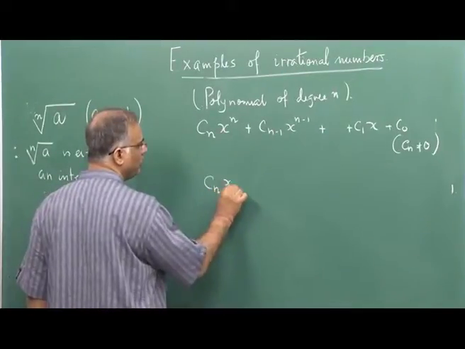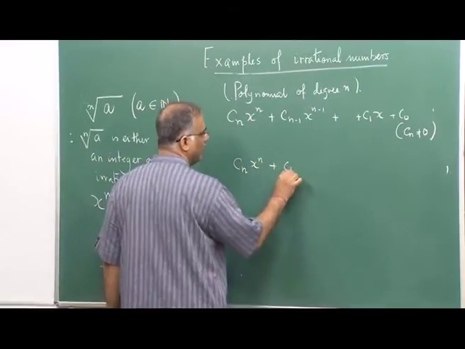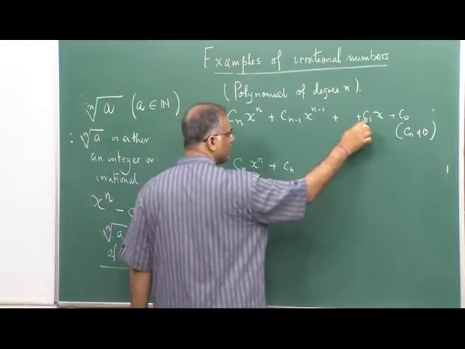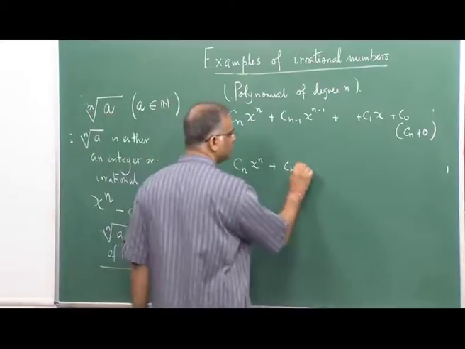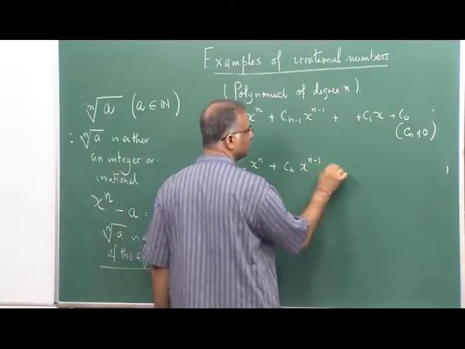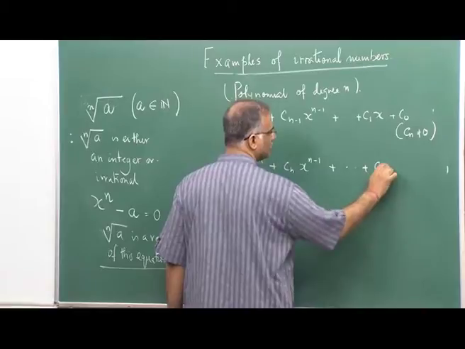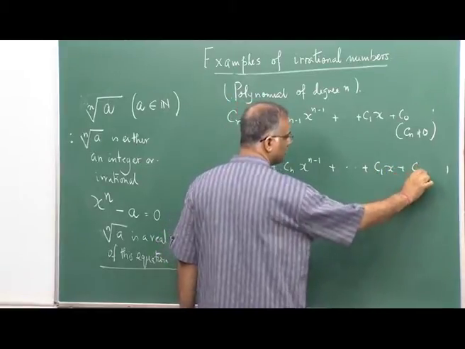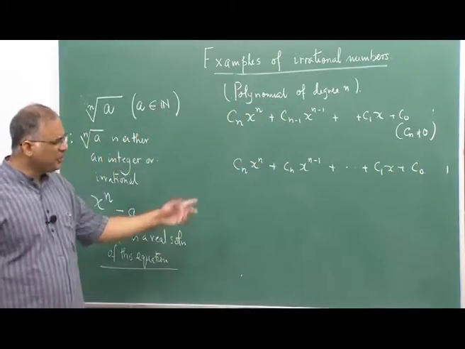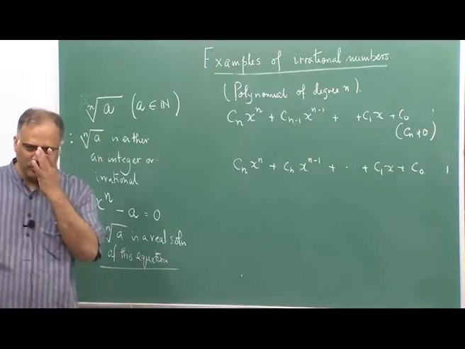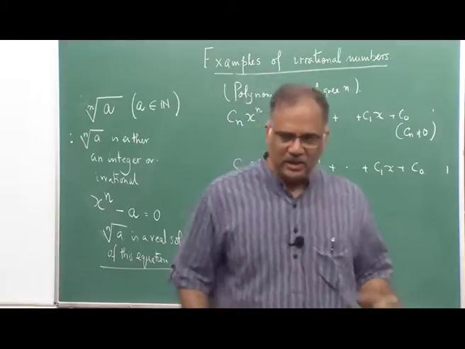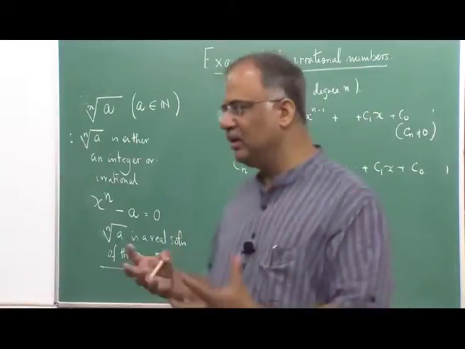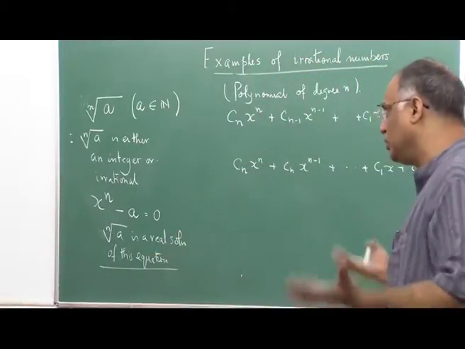Look at the following polynomial equation. These numbers Cn, Cn minus 1, C1, C0 are called coefficients. For the time being we take these coefficients to be integers. You can always replace integers by rational numbers; I will ask you to have fun by checking why you can do so.